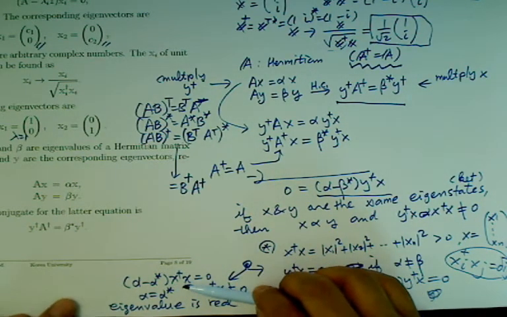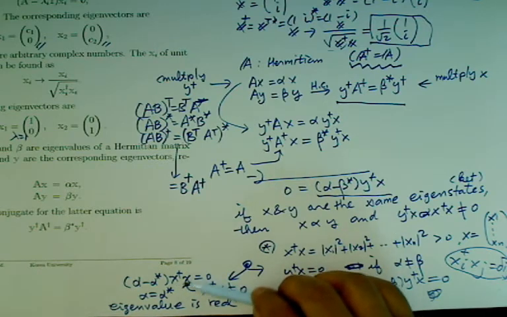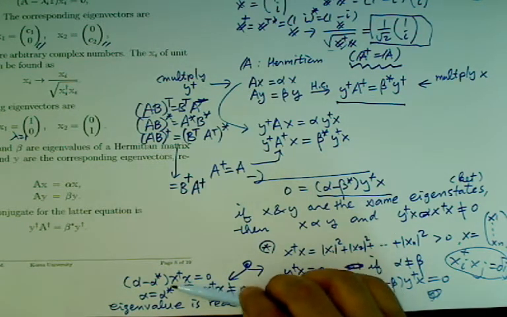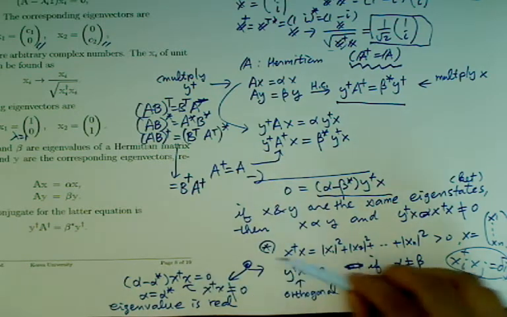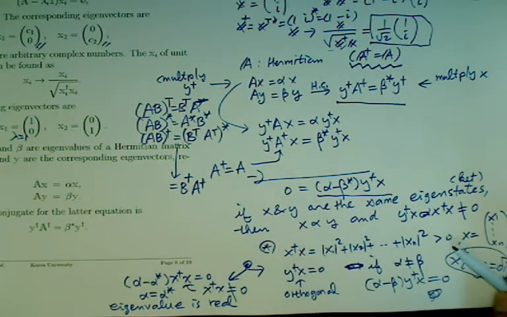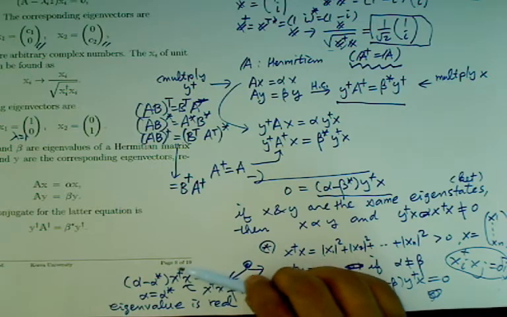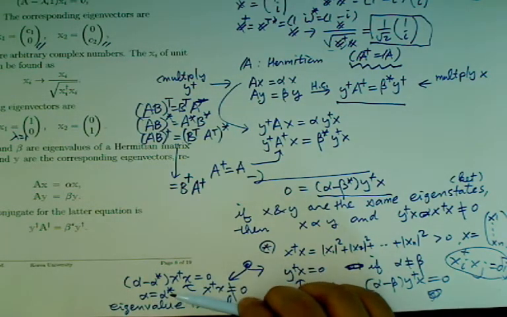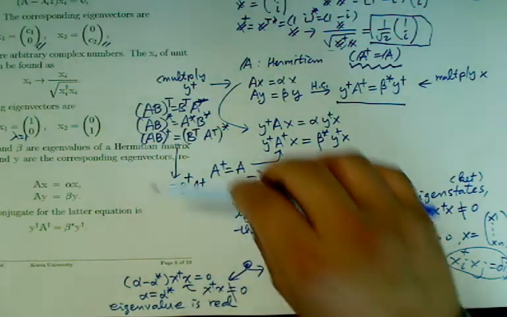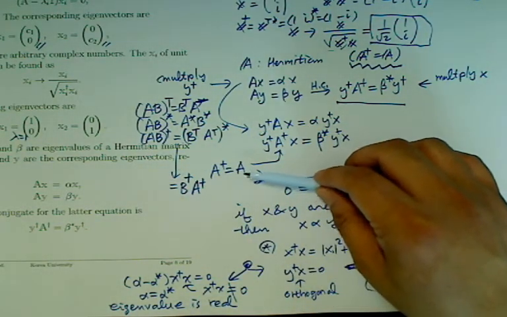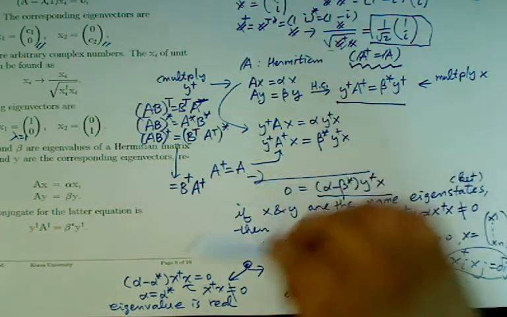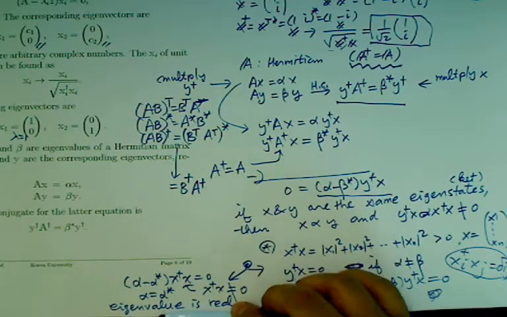But if I square this eigenvector, because we are considering the non-trivial eigenvector only, the square must be positive definite. Because it's positive definite, alpha must be equal to alpha star. That means as long as matrix A is a Hermitian matrix, the eigenvalue is real.